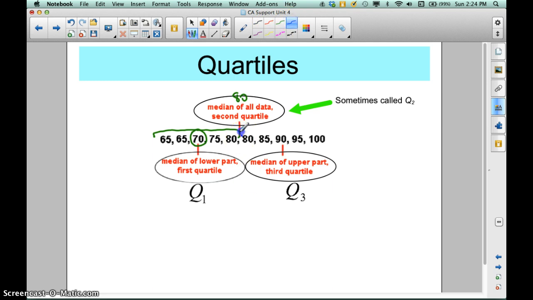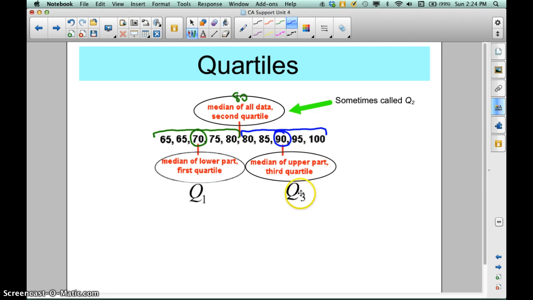The top half of the data is everything above the median. And so the middle of that, I have 1, 2, 3, 4, 5 pieces of data above the median. The middle, 2 on each side, is 90. 90 is the third quartile.